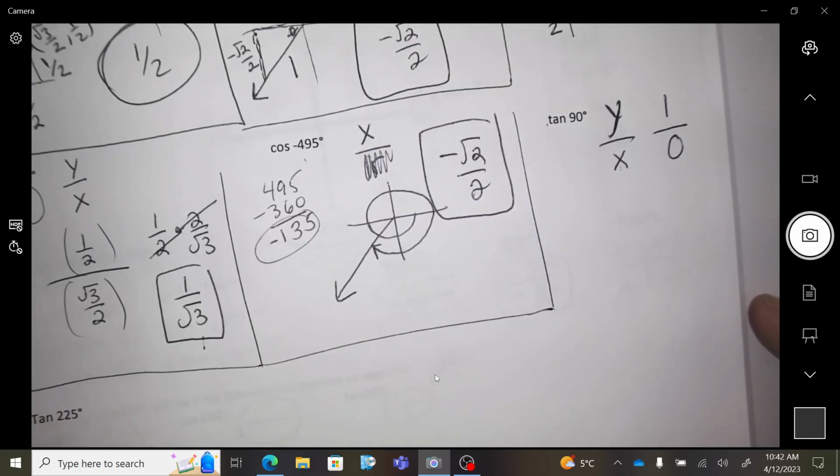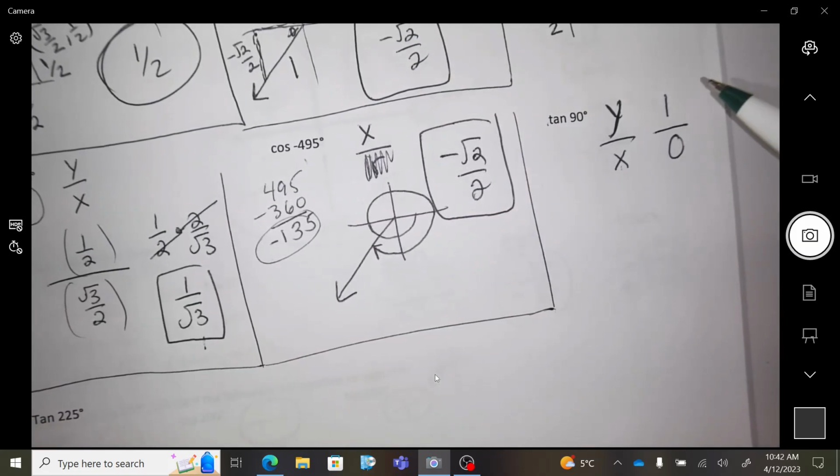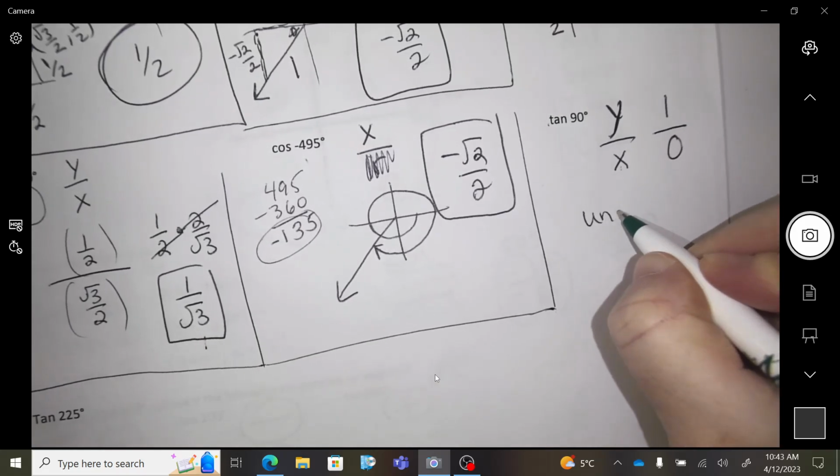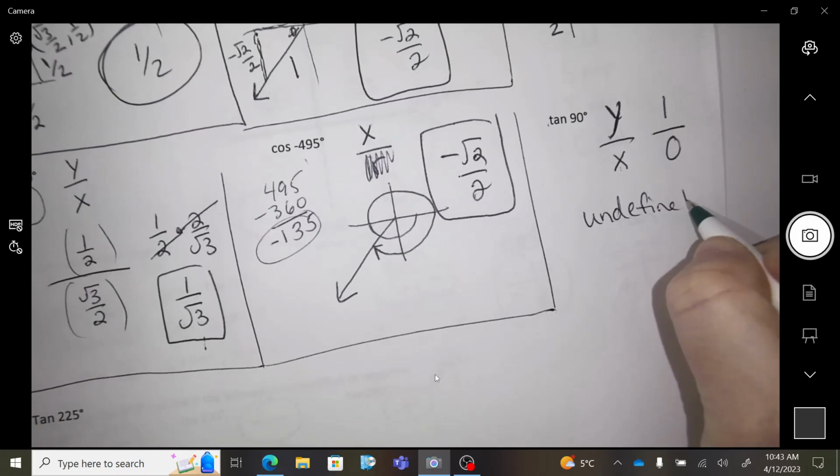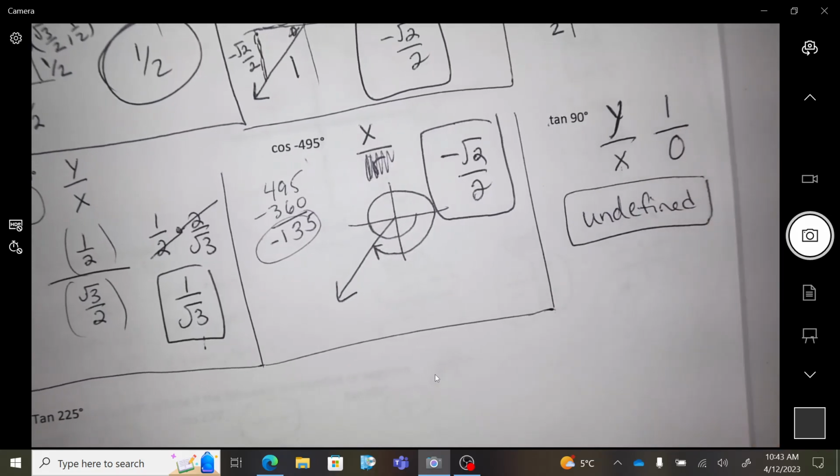What is this as a math number? Impossible, okay. That's a good word, but what is that in math? No solution. Undefined. Because I'm not solving for anything, I'm trying to say what is the number. There is no number, so it's undefined.